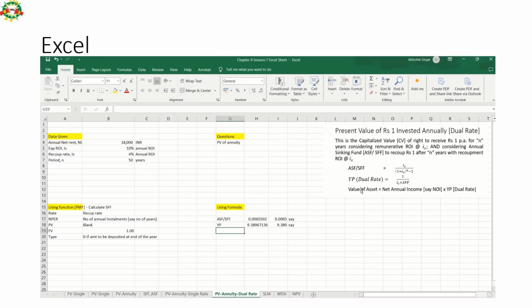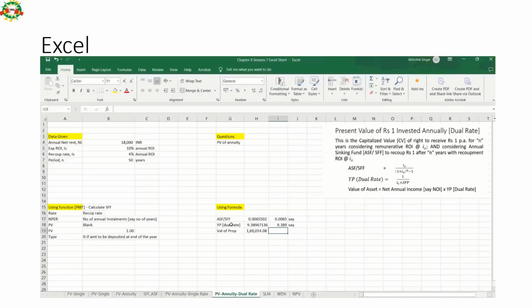Okay. So the value of property is nothing but net annual income, which is 18,000 rupees, multiplied by year purchase, dual rate. So this is the dual rate, right?